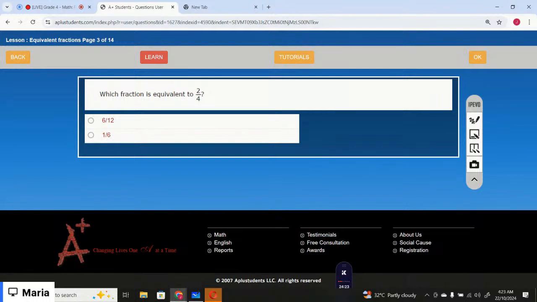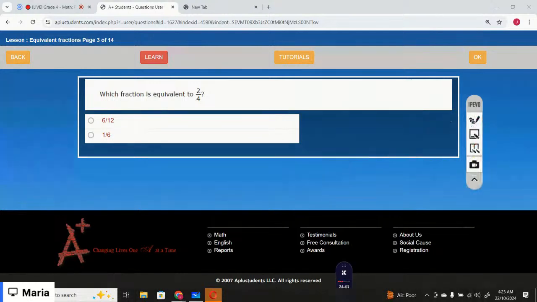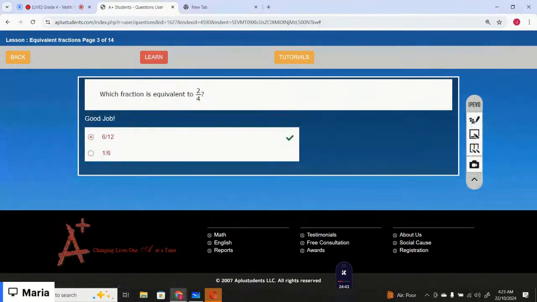Why? You can see here you have 2 by 4. You multiply it by 3. 2 times 3 is 6 and 4 times 3 is 12. So the correct option is 6 over 12. Option number 1 is the correct option, right? 2 by 4 and 6 by 12 are equivalent.